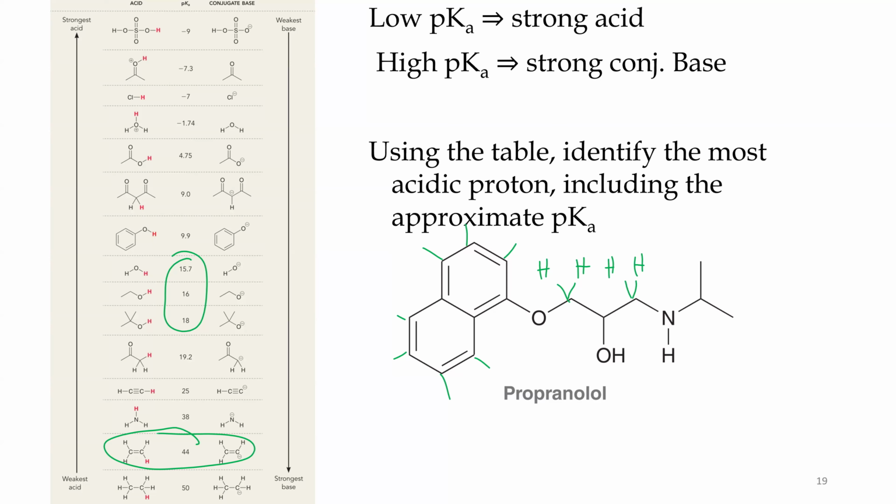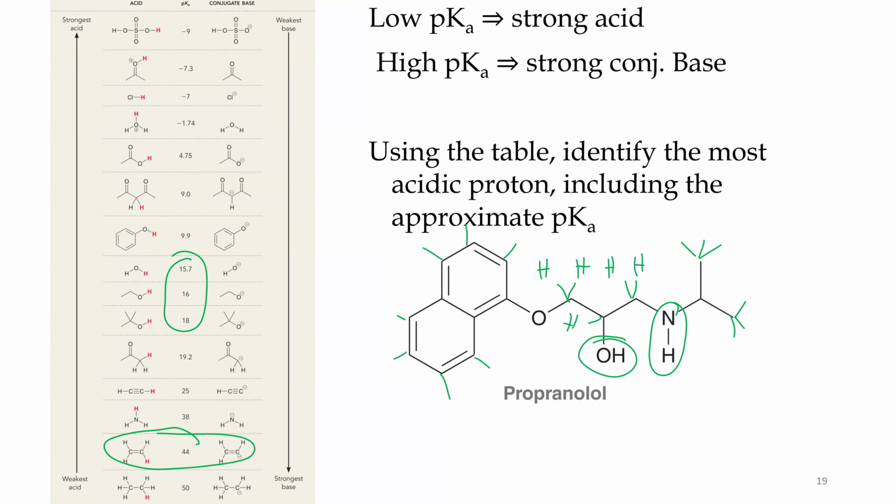So like our OH. We've got an OH. We don't know exactly where the pKa is going to be, but we can be pretty sure it's going to be in this general range, somewhere in the 16 to 18 range. The nitrogens were all the way at the bottom as well. Are there any other types of hydrogens on there? One on the nitrogen is a possibility, but we already looked at those a little bit, right?